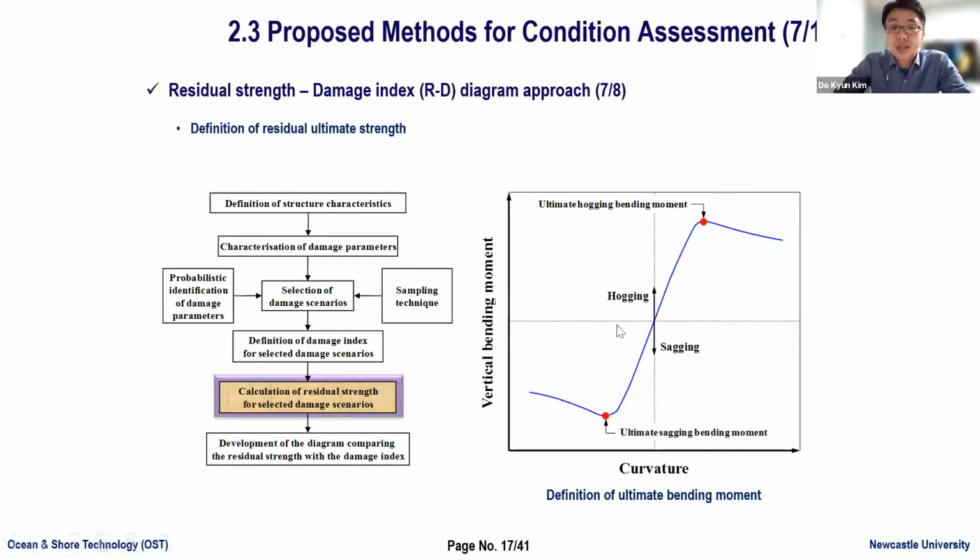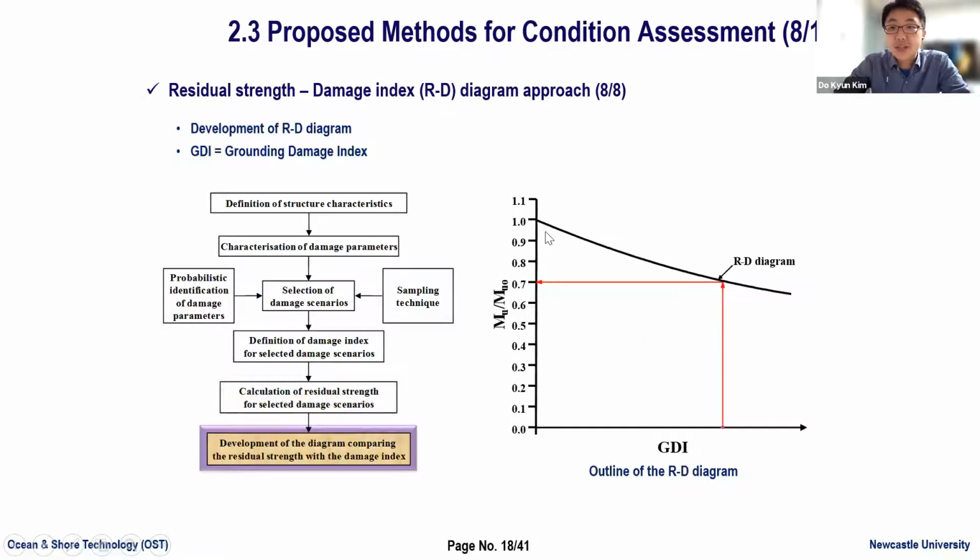We will calculate them, and based on that, we can plot everything here. You can see just a single line, but basically we need to plot all the calculated numerical simulation results. Based on that, we can use curve fitting so that we can develop the RD diagram representing the residual strength and damage index diagram.